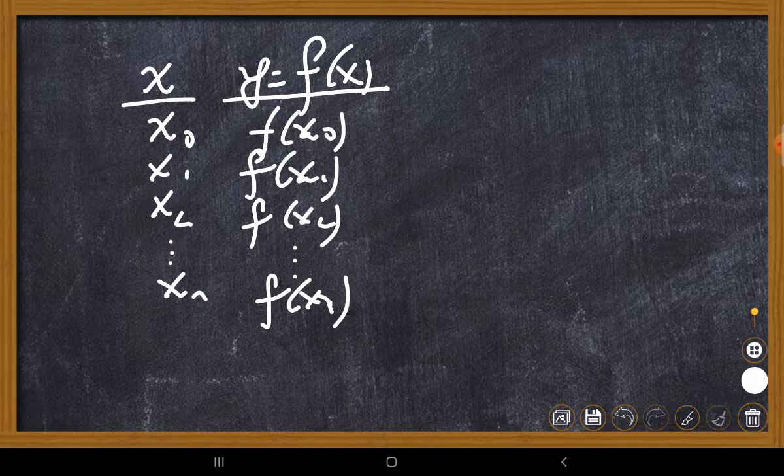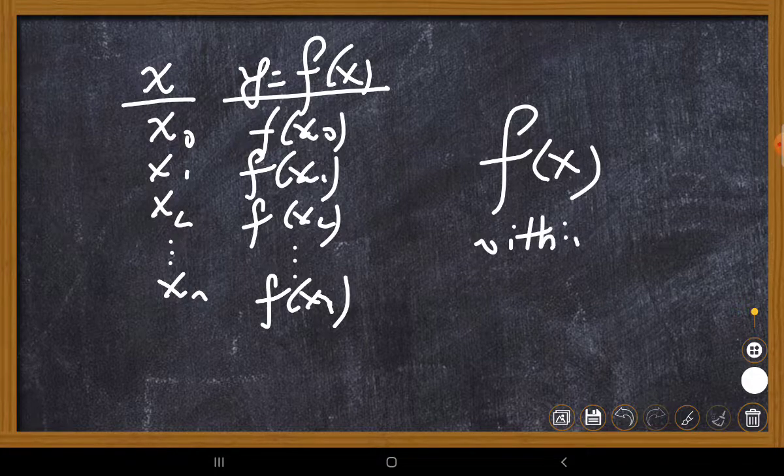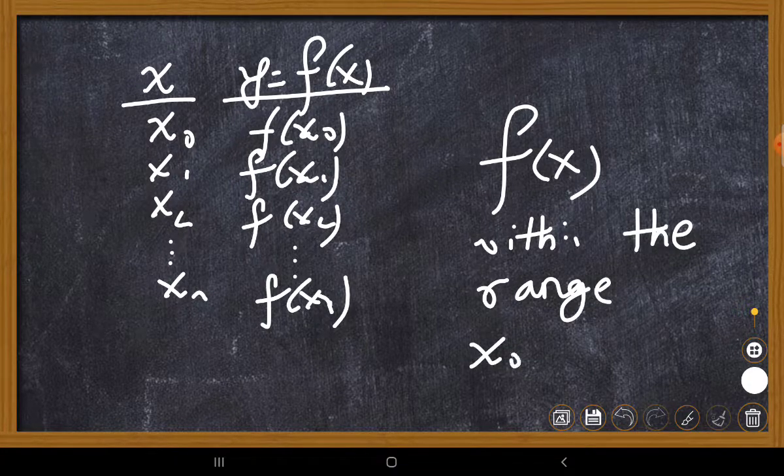Then interpolation will be the method of finding the value of f(x) for any value within the range x0 to xn.